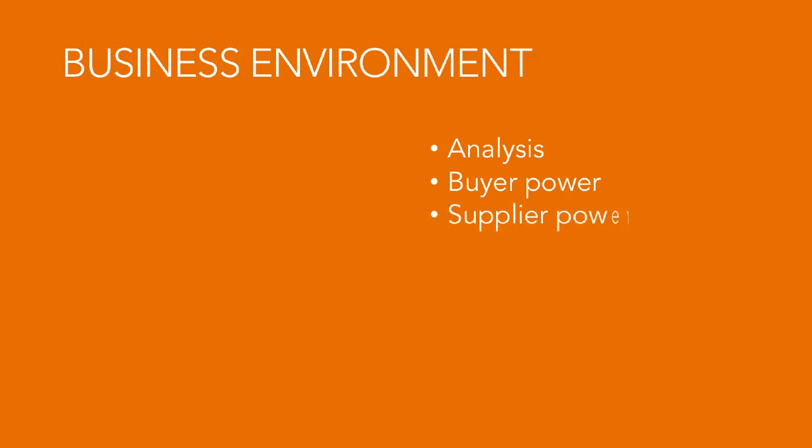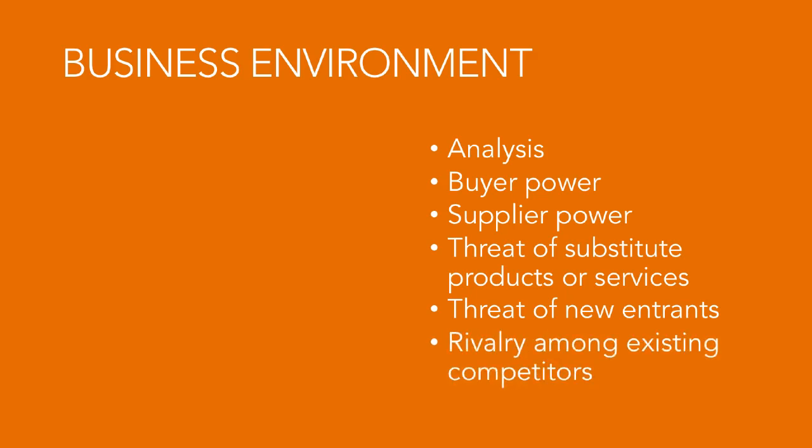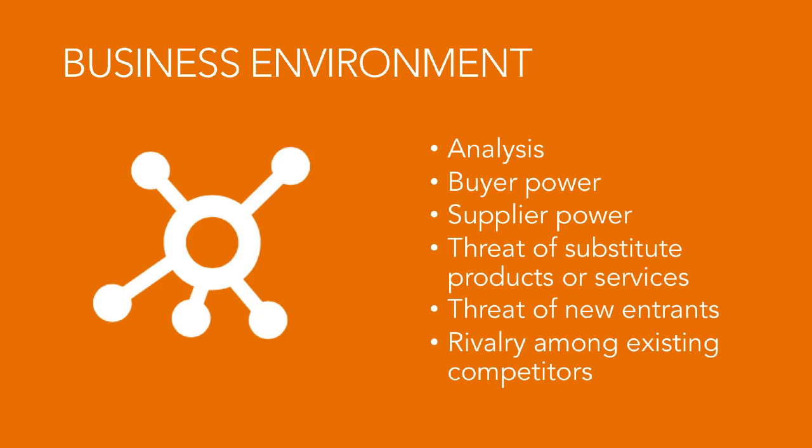Then supplier power, the threat of substitutes, substitute products, substitute services, the threat of new entrants, which is new people coming into that market, and finally, rivalry among existing competitors. I think just from saying those, you probably have a good idea, but we're going to take a little deeper look so we can see how all 5 of these connect into the greater whole and understand when you're in one type of environment versus another.